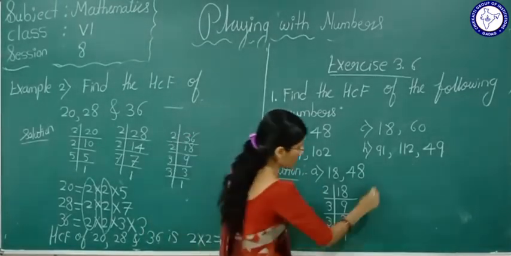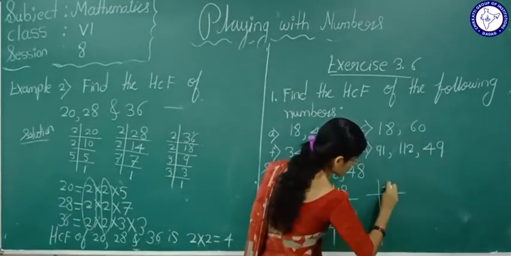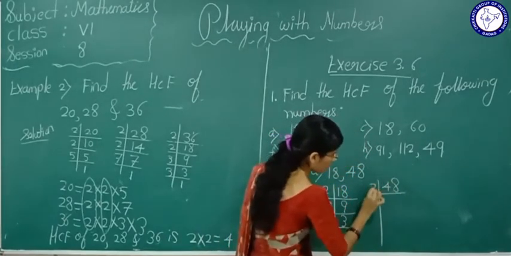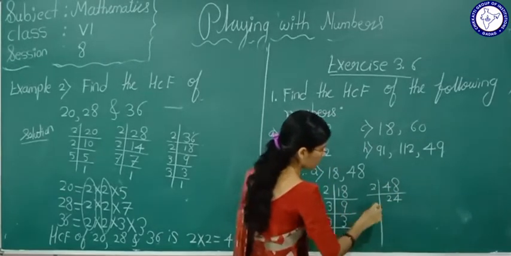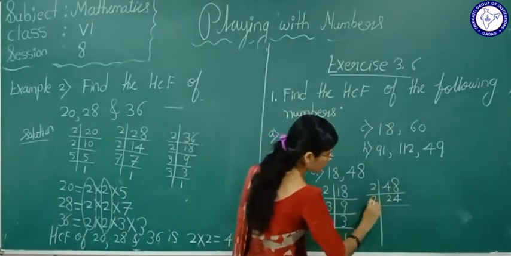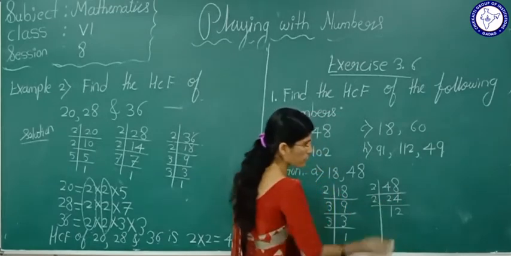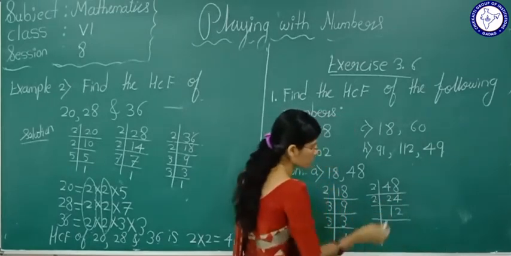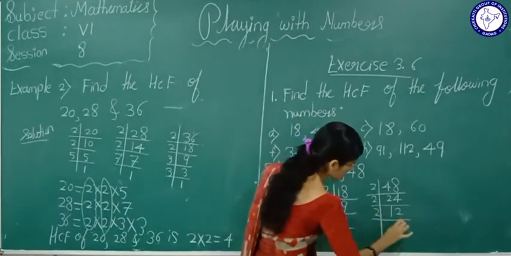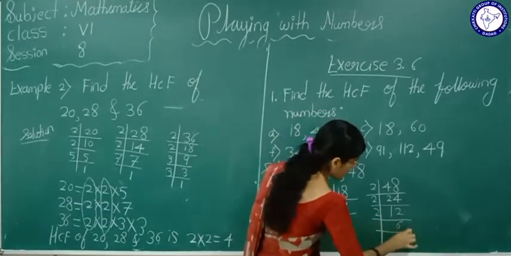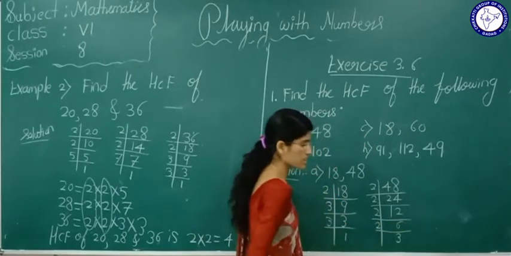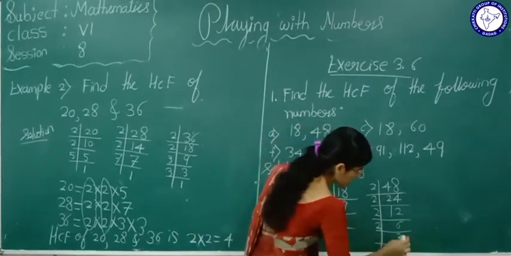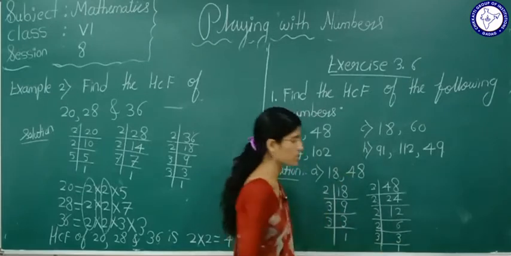Again 48. 2 24s are 48, 2 12s are 24. Again this 12 we can divide by 2, 2 6s are 12. Again we can divide the 6 by 2, 2 3s are 6. Again we can divide the 3 by 3, 3 1s are 3.